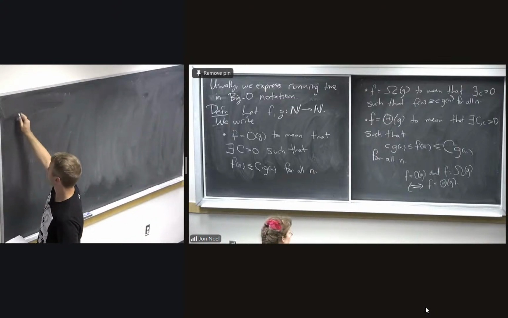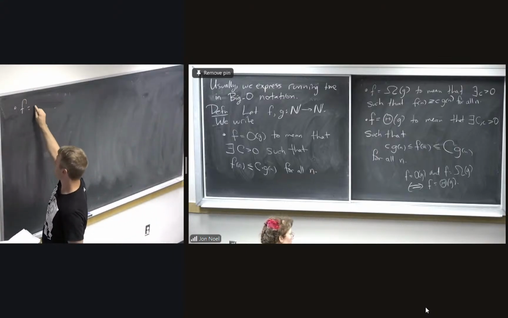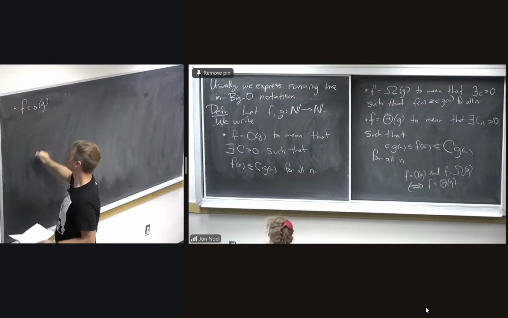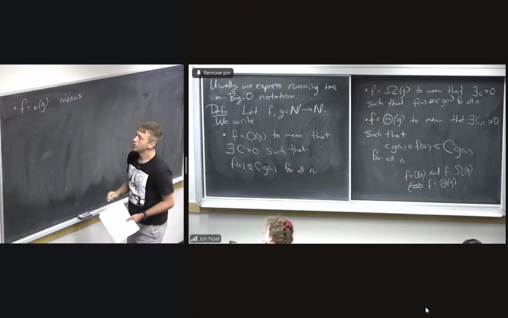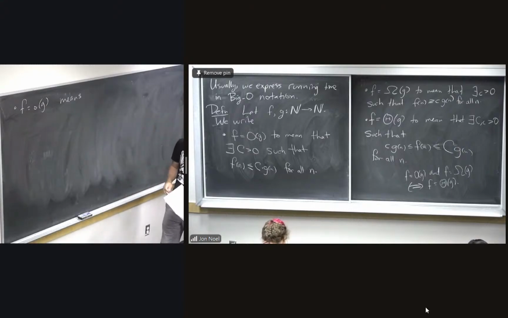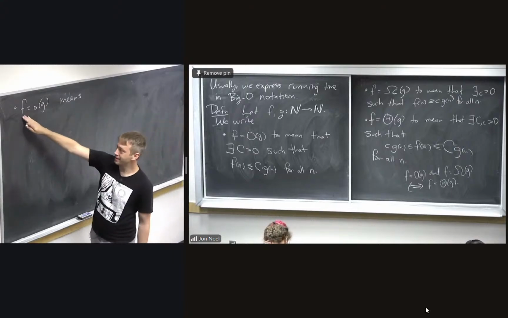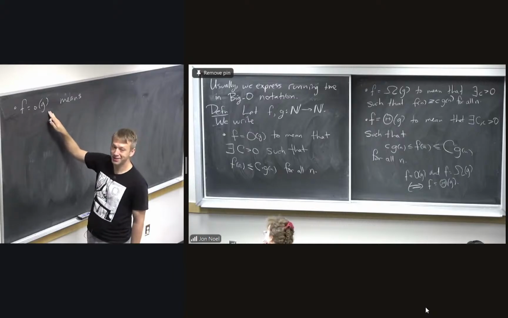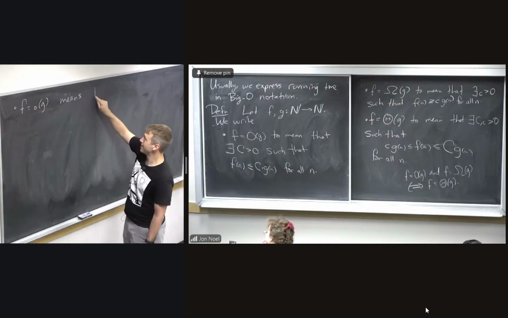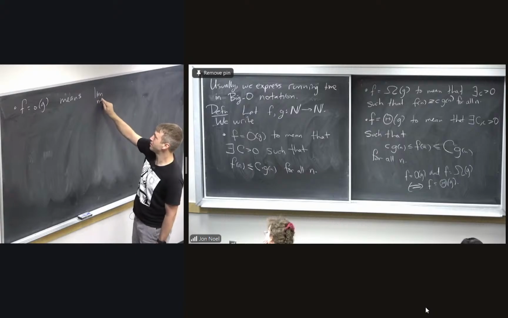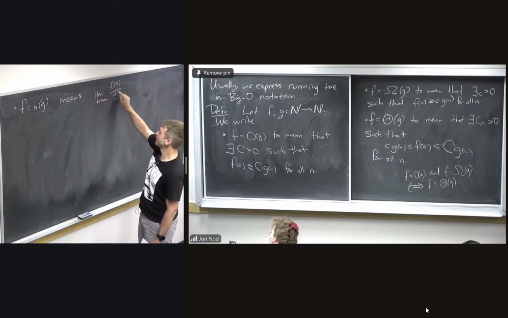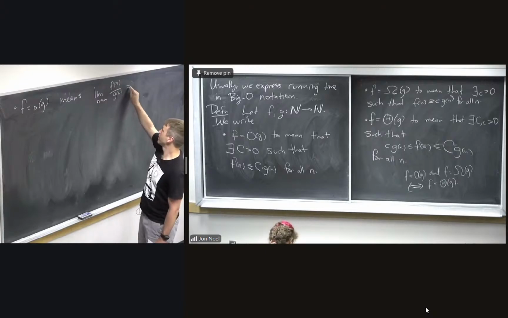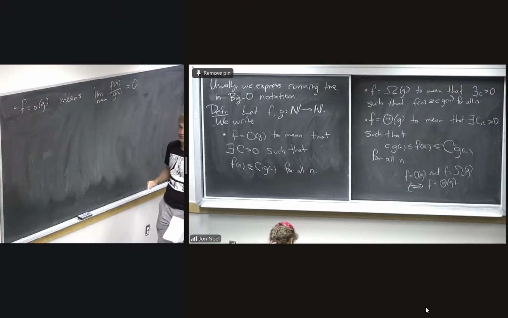Okay, so we also can say f is little o of g. f is little o of g means that f is substantially smaller than g. Basically it means that the limit as n goes to infinity of f of n over g of n is 0.